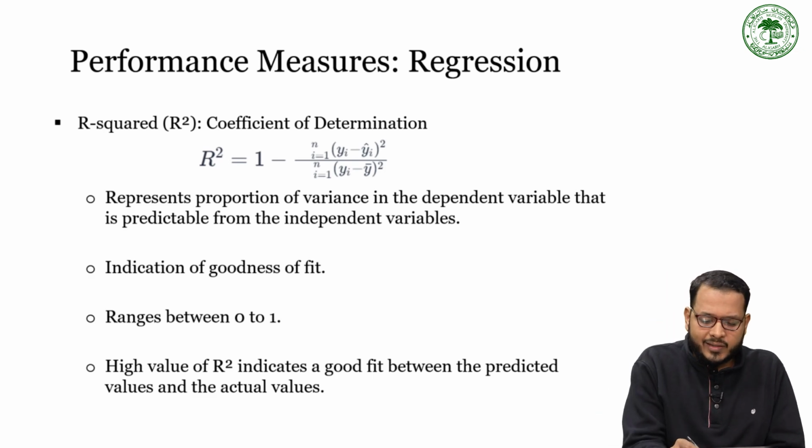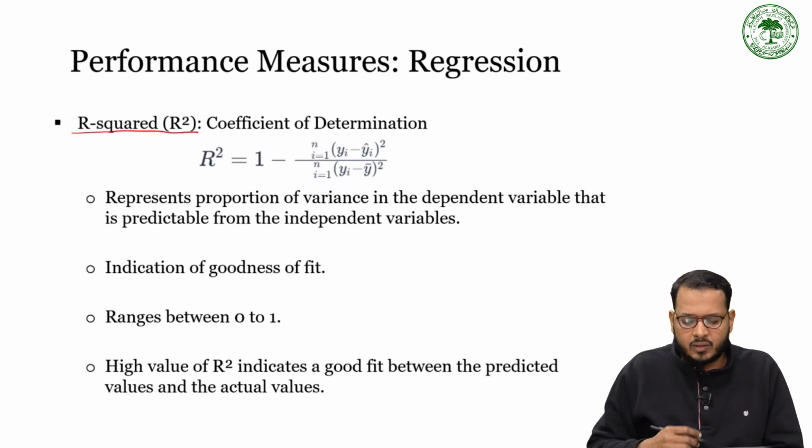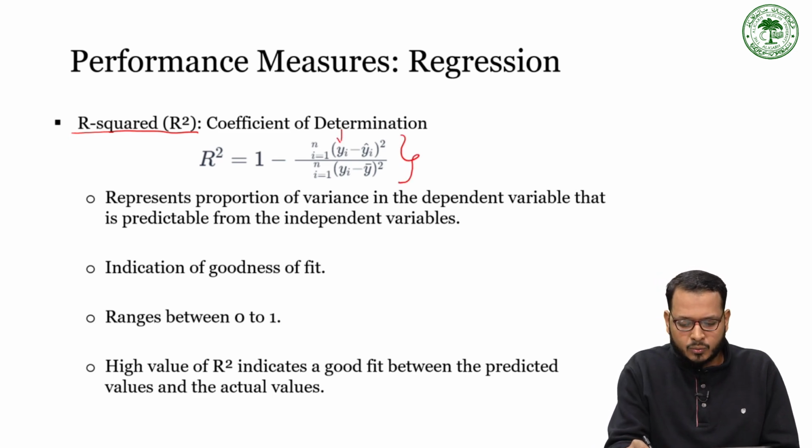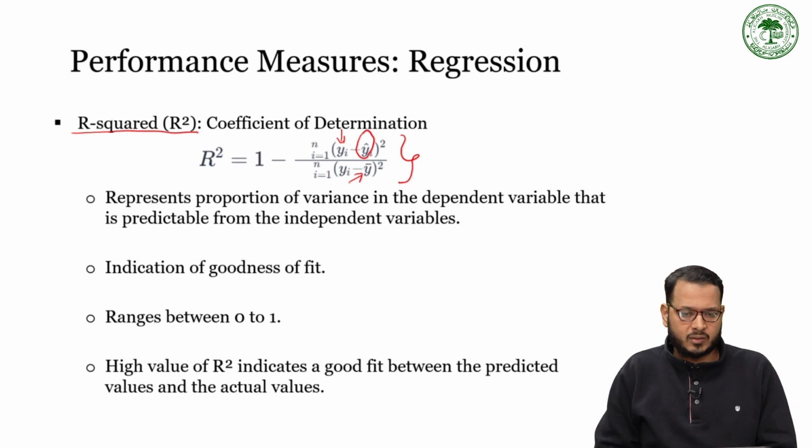There is also a very famous performance measure in the case of regression problems. It is called R squared, or coefficient of determination, and is calculated like this. Here y represents the actual values, y cap represents the estimated values, and y bar represents the mean of the actual values.